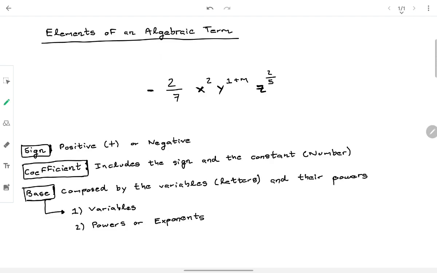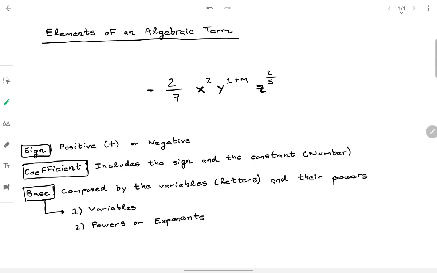So now we will see the elements of an algebraic term. In this case, we have these parts, the most important of them. We need to know them and identify them in all algebraic terms. The first part is the sign. It can be positive or negative.